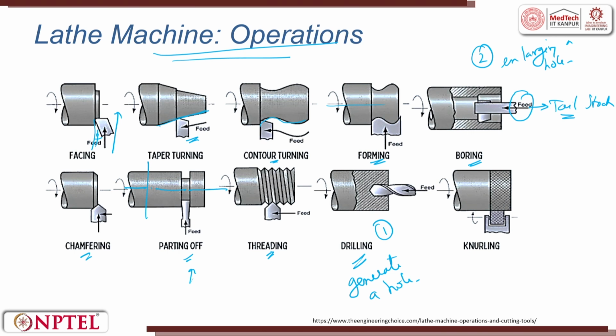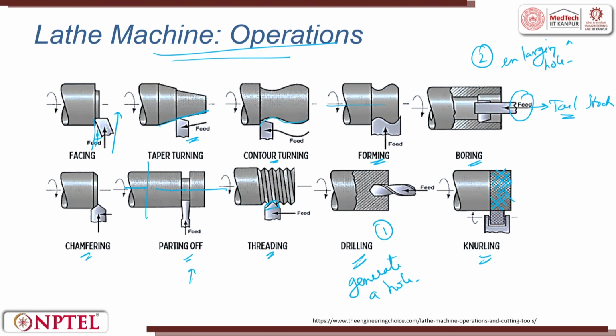Then we saw that using the lead screw, you can generate threads. The profile of the thread is generated on the tool. When it sinks in, it generates the teeth profile. I have already talked about drilling. Knurling is an operation in which we generate a crisscross hatch pattern. This pattern is generated by a tool which has two wheels.